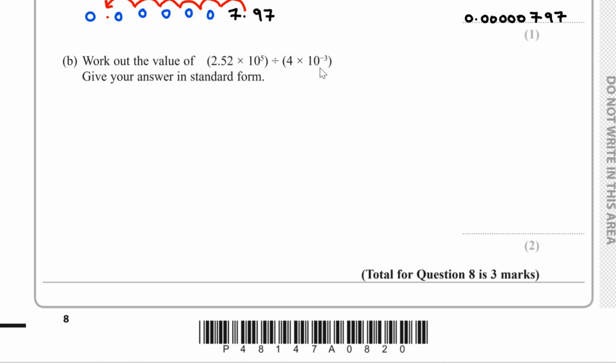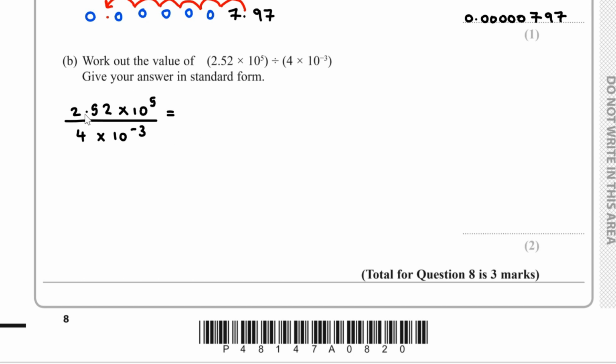Now for part B, we have to work out the value of 2.52 times 10 to the 5 divided by 4 times 10 to the minus 3. Well, this is the same as 2.52 times 10 to the 5 divided by 4 times 10 to the minus 3.